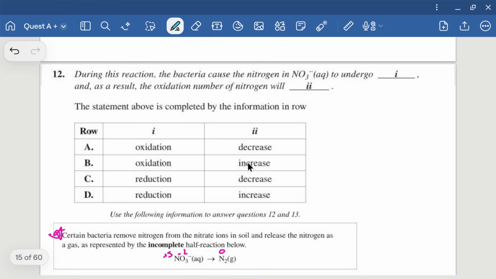Over here it is 0. So nitrogen is going from +5 to 0. That would show a gain in electrons, so that would be reduction. And the oxidation number of nitrogen is decreasing, so our answer there is C.